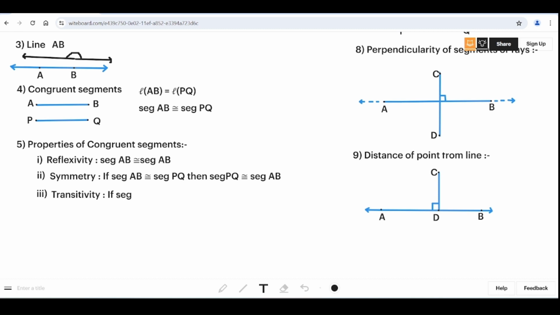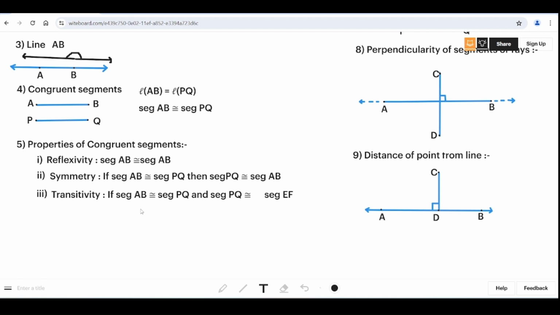We say friend circle, like that. So segment AB is congruent to segment PQ and segment PQ is congruent to the third segment, that is EF.